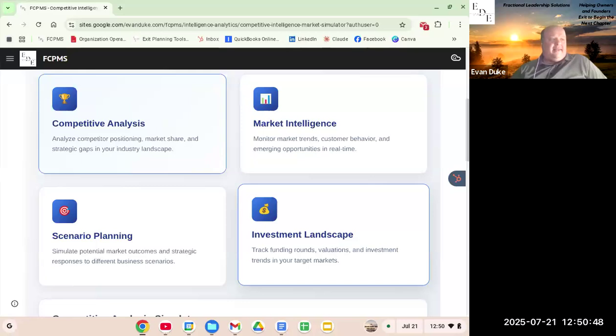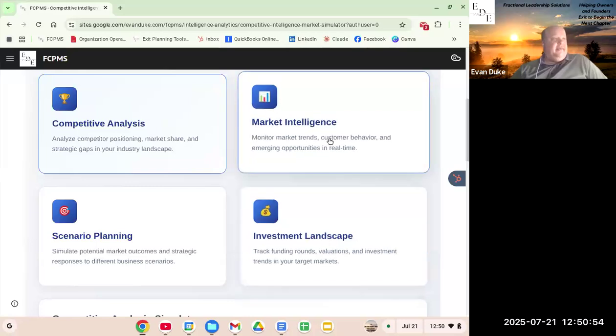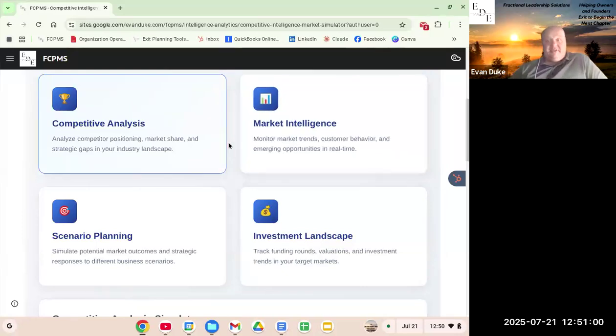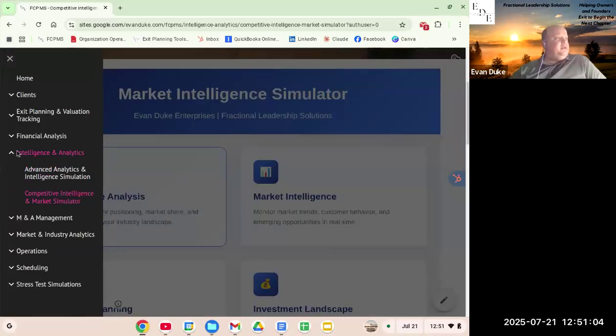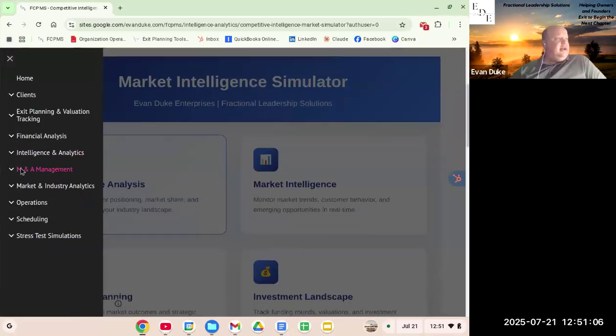So I can almost tell you in advance without looking what that would look like. But all these other modules are aimed at trying to compare where we are with where the rest of the market, or specifically the industry, is. So that is the module on intelligence and analytics.